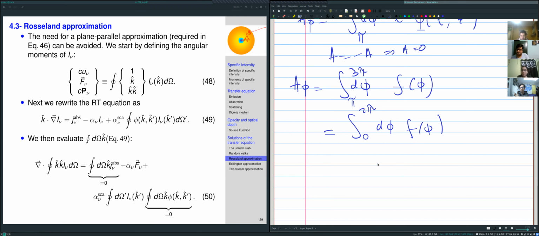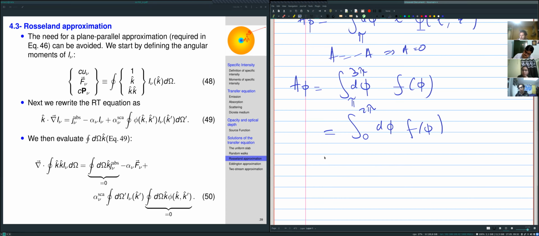So the pi term is the same. So you can say that the phi has a period of pi.